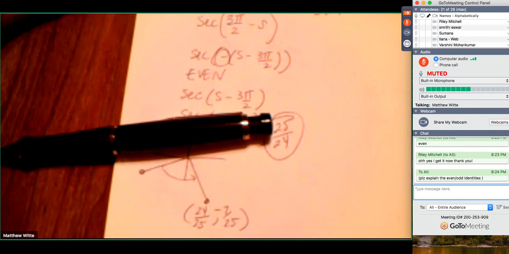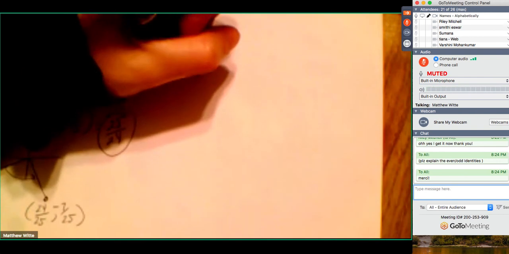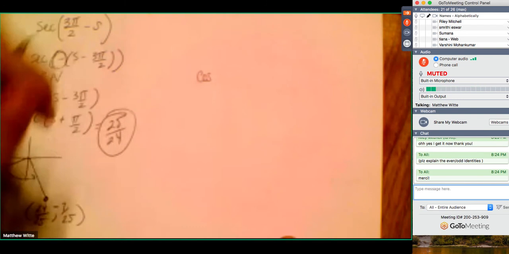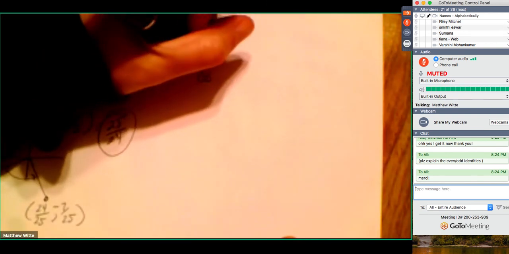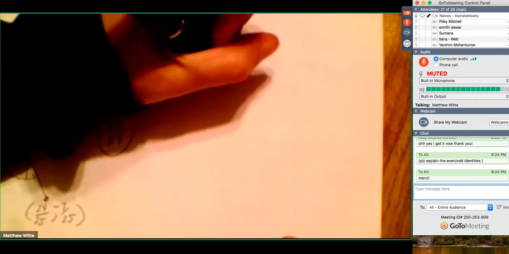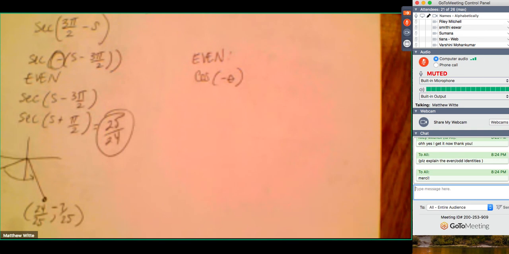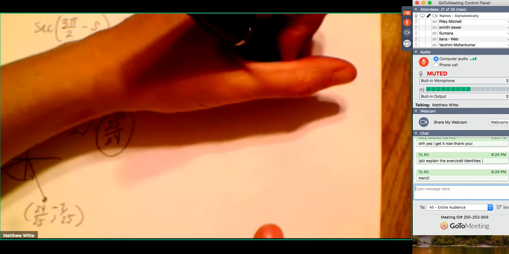Please explain even and odd identities. Okay, I will. So Ayush, you only actually have two identities that are even, and that's your cosine and your secant. What it says is that cosine of the negative of any angle is equivalent to just cosine of that angle.